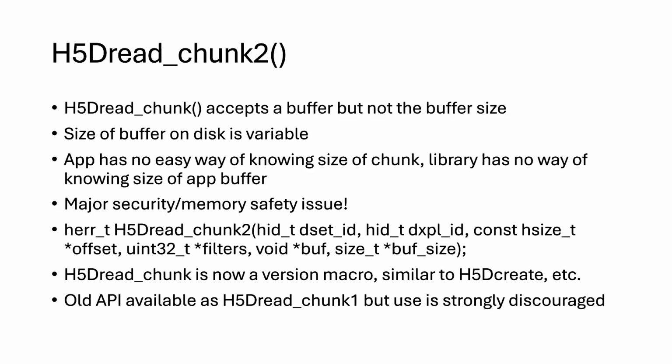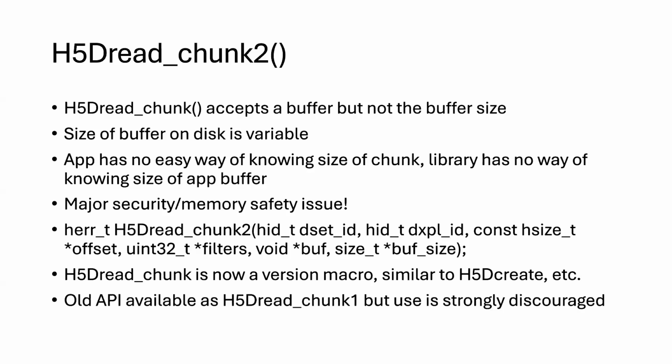And we found an issue with the signature of the H5Dread_chunk function. Basically, it accepts a read buffer that it reads a chunk into, but it doesn't accept the buffer size. So the library doesn't know what the buffer size is.